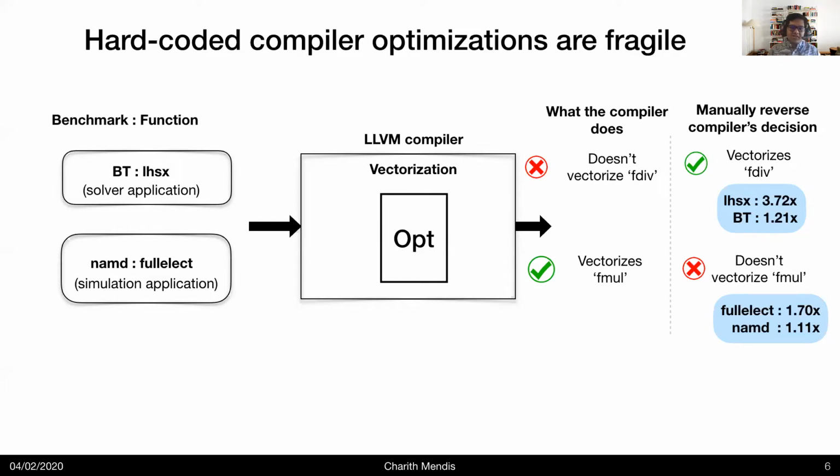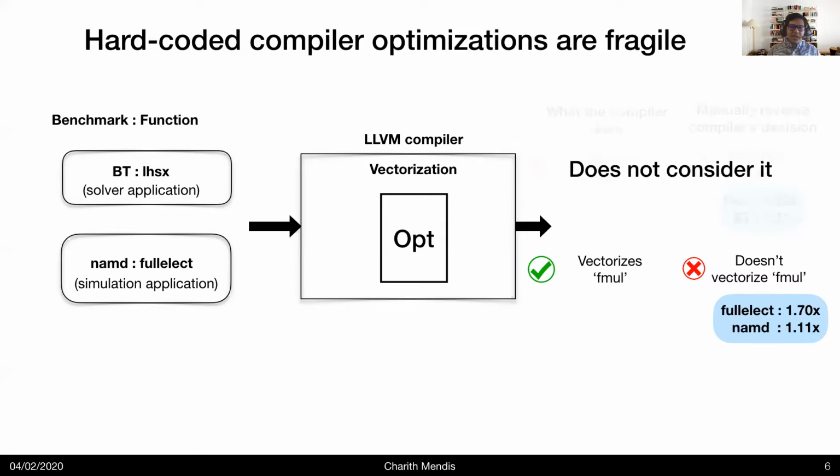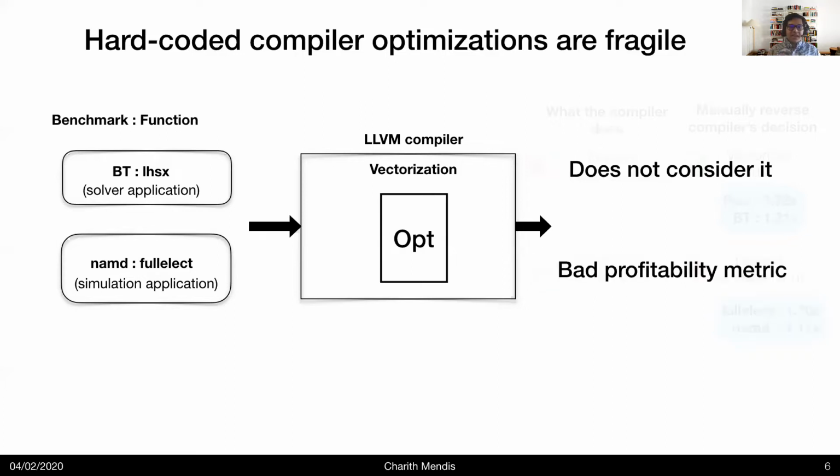So next, I dug deep to find out why exactly the compiler made its decisions. In the first case, the compiler does not even consider it for vectorization due to a bad heuristic. And in the second case, the compiler makes an erroneous judgment due to a bad profitability metric. Okay, now since we have identified these problems, we can go ahead and correct them.